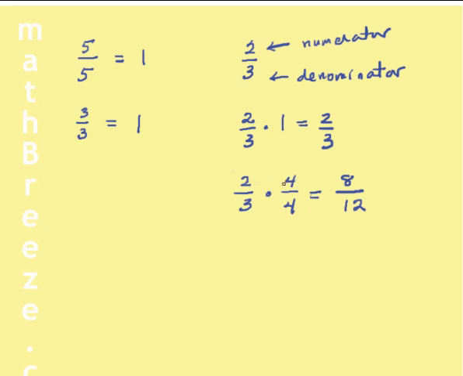The way we multiply fractions is by multiplying the numerators and denominators. So we have this fraction 8/12. Well, since we multiplied by 1, 8/12 must be equal to 2/3, because we multiplied 2/3 times 4/4, which is 1, in order to get 8/12. So these are equivalent fractions.